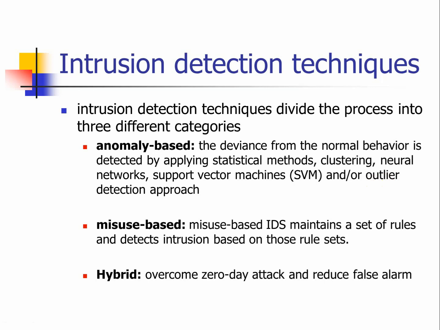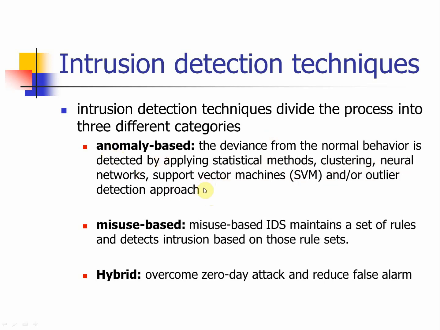Only a small portion of the data or the traffic is considered malicious. And therefore, anomaly-based tries to identify that small portion, which is of course considered the outlier approach. Based on what you have learned in the data mining class, we can use statistical methods, and we can use clustering. Clustering is pretty good at detecting outliers. Neural network, support vector machine, and outlier detection approach can be used to detect this anomaly-based attacks or intrusions.